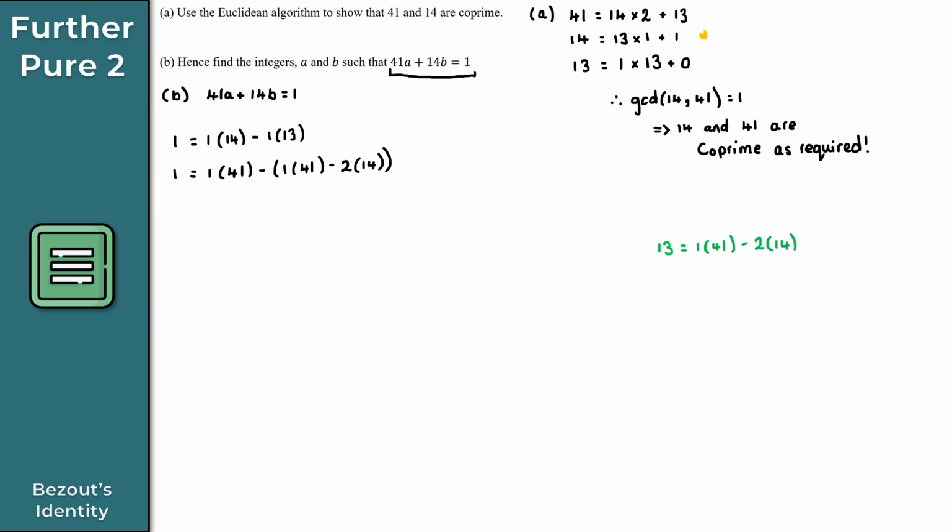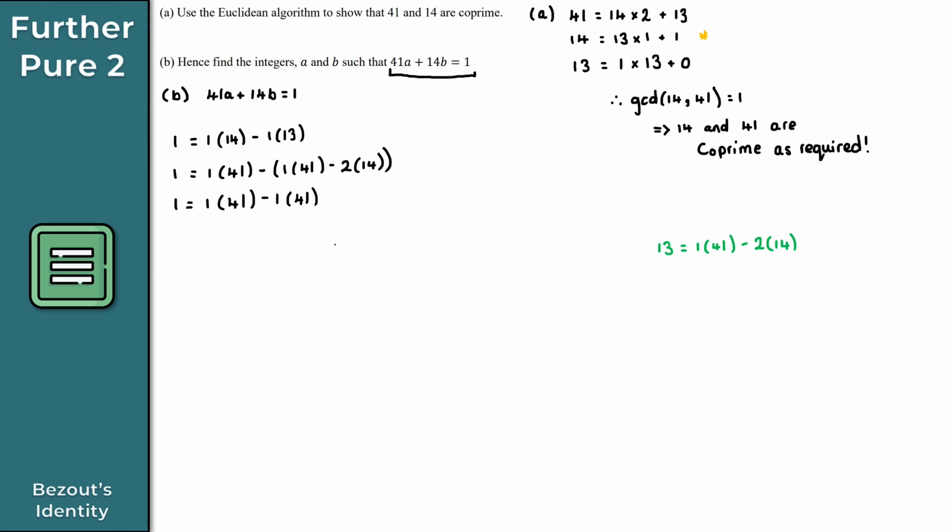And if we simplify, what would I actually get? Well, I can expand this bracket out. So I get 1 is equal to 1 lot of 41 minus 1 lot of 41, and then minus 2 lots of 14.